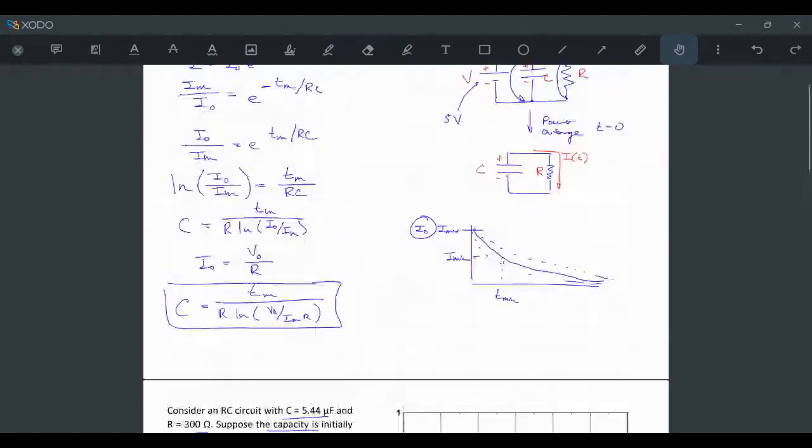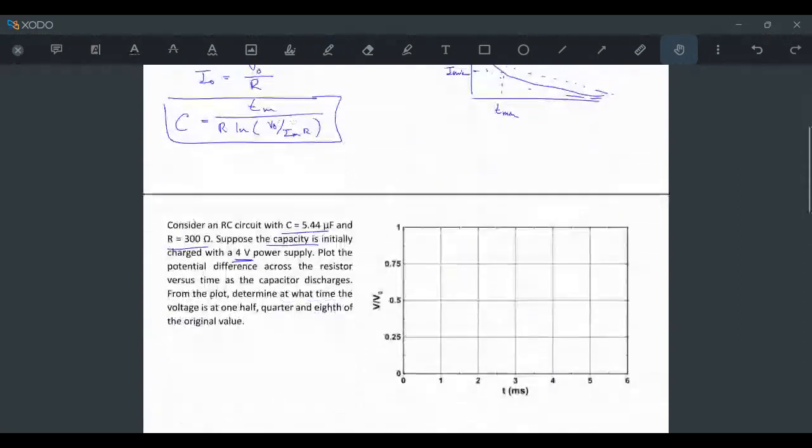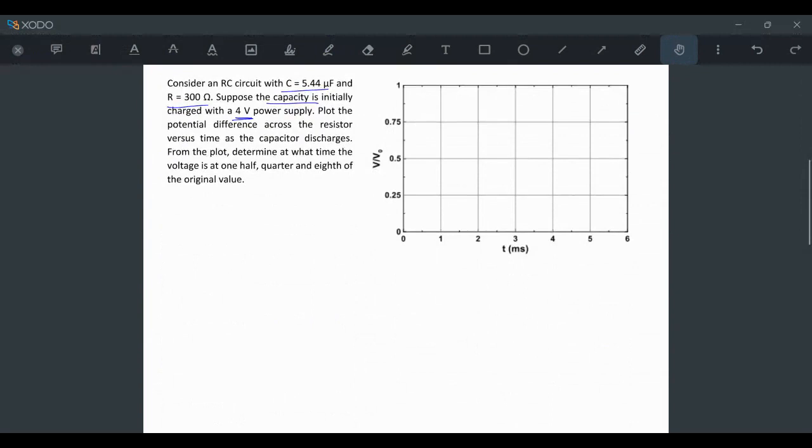So similar setup to what we have back here, where I said we had this getting charged to 5 volts. In this problem, we have a new capacitor, new resistor, and it's being charged to 4 volts, but conceptually it's the exact same. So this time we want to construct a plot of the potential difference across the resistor versus the time as the capacitor discharges.